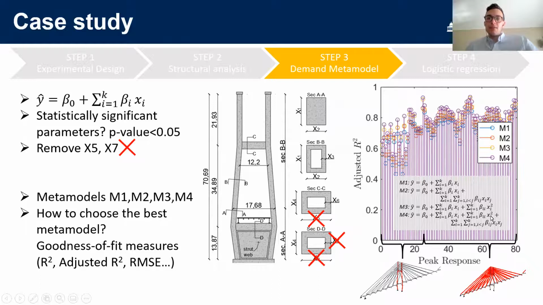There were like 79 parameters in this model, because we are considering 11 design parameters as predictors plus the intensity measure of the earthquake. So if we just run 80 analyses, we cannot implement the model M4. And a similar problem stays for the model M2, which has all the interaction coefficients, because it requires a really large number of parameters, but we don't have enough sample points to perform the regression.